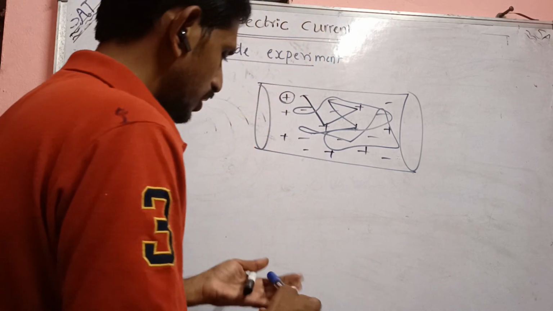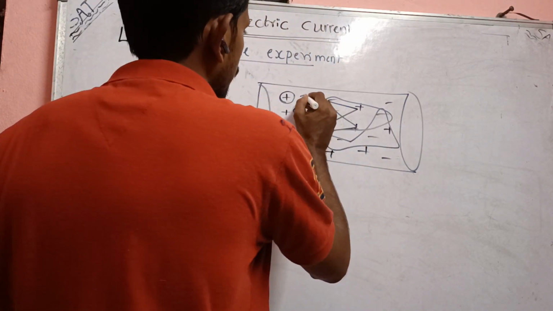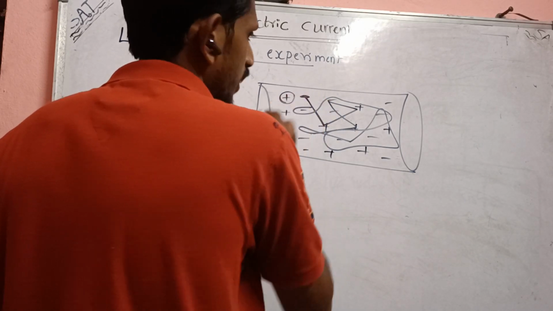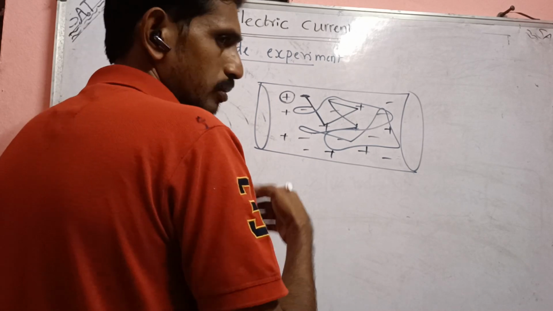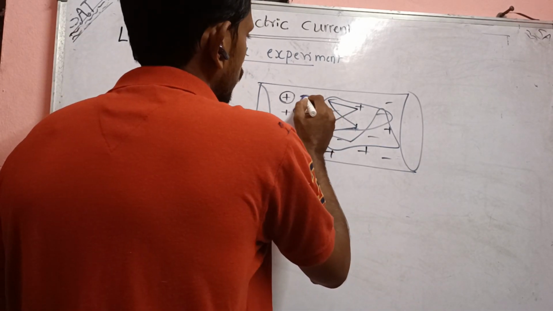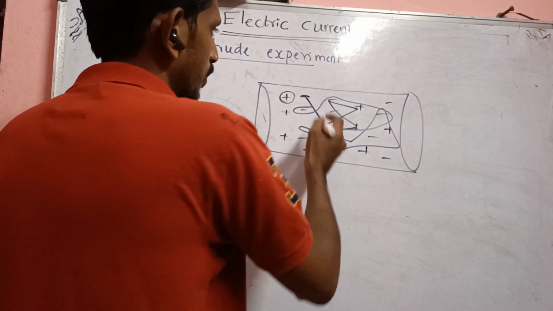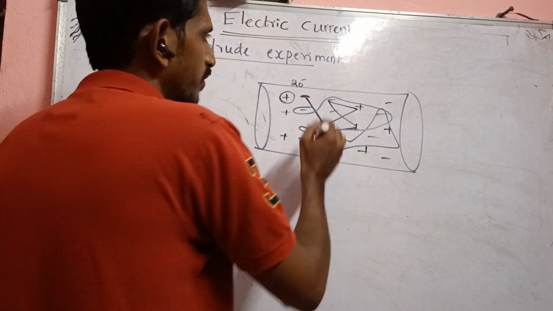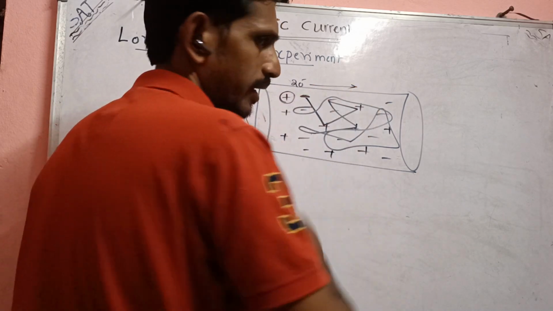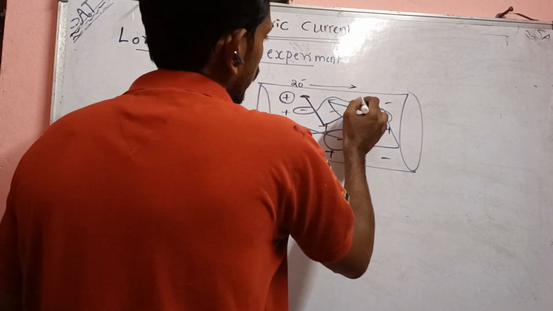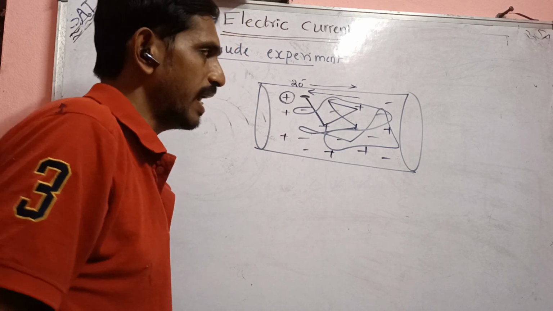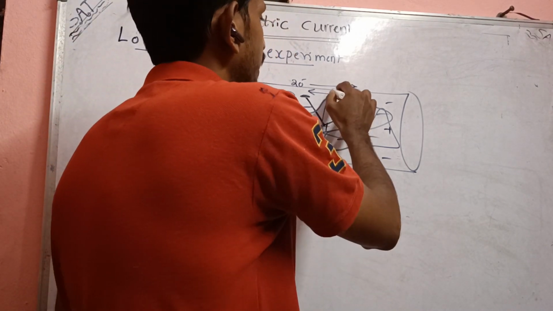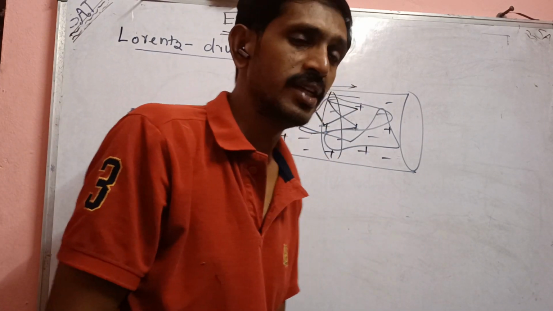For example, 20 electrons are moving from left to right, and 20 electrons are moving from right to left. If we calculate the net charge across any cross section, the net charge is zero.